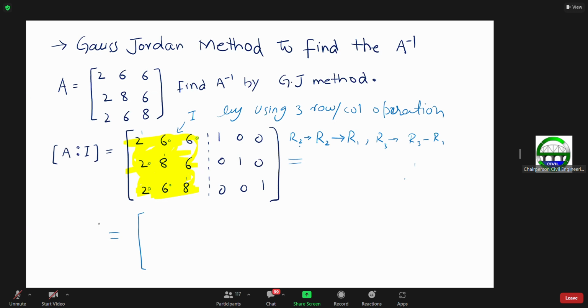Let's do this one. First, R2 will be equal to, just change R2 and R1. This is R1, this is R2, and this is R3. The operation is on R2 and R3, so R1 will be the same. It will be equal to 2, 6, 6 and 1, 0, 0.